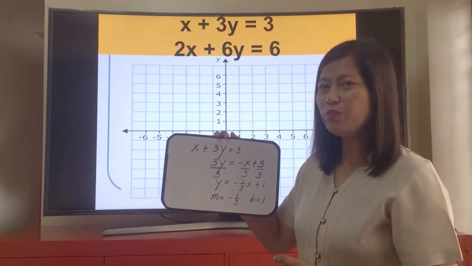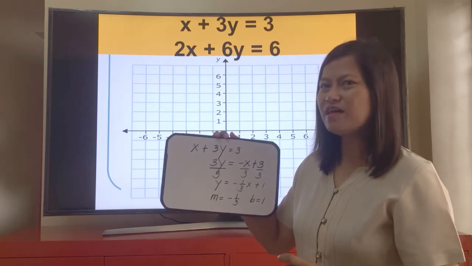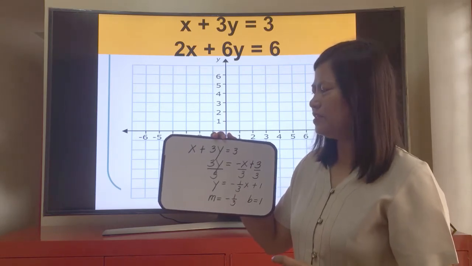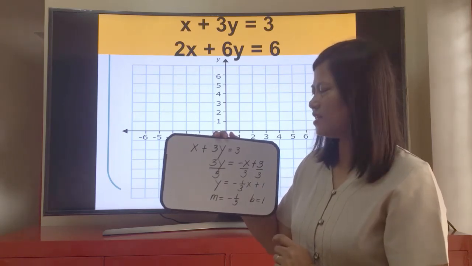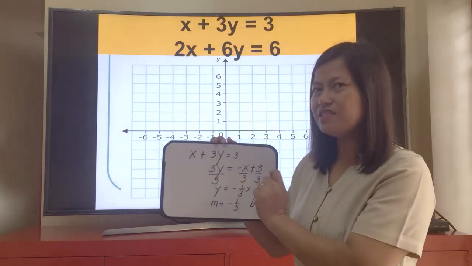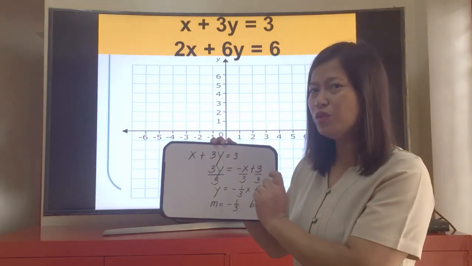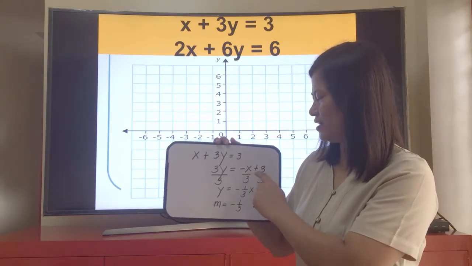Rewrite it in slope-intercept form since we will use the slope-intercept method in graphing. So separate the y term from the x term and constant term. On this side we have 3y because we added negative x to both sides of the equation. So we have equals negative x plus 3.